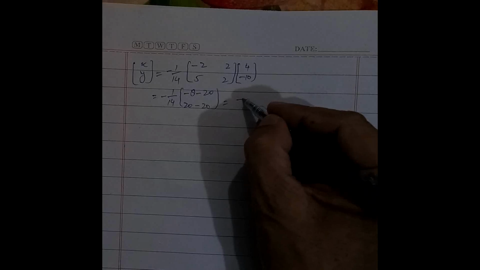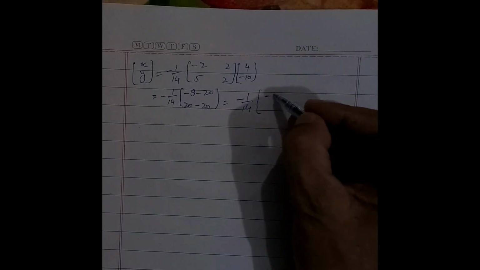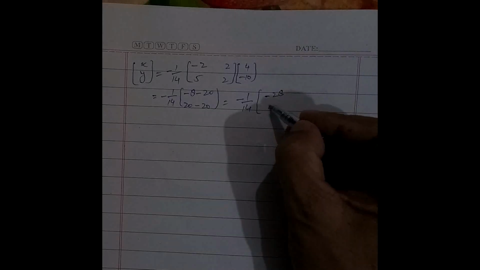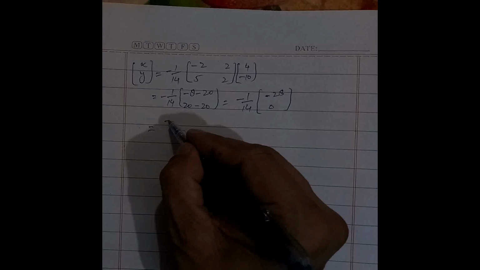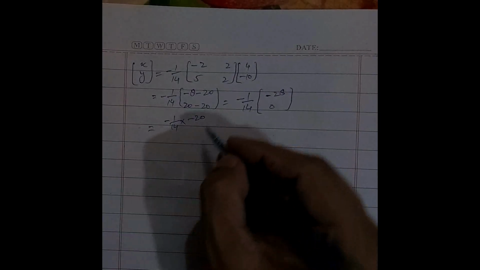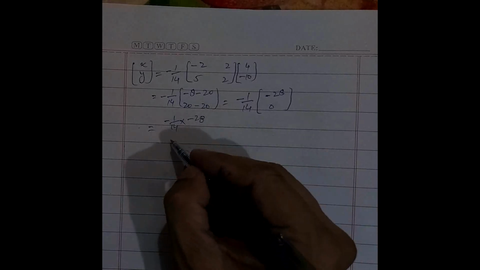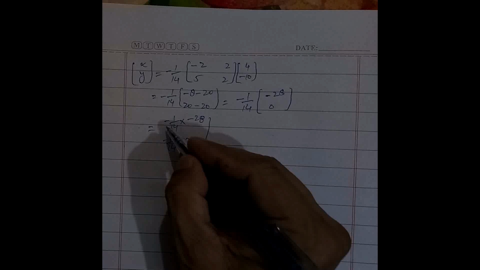Now simplify these values: -1 over 14 times -28 and 0. Now we simplify: -1 over 14 multiplied by -28, and the other is -1 over 14 multiplied by 0.